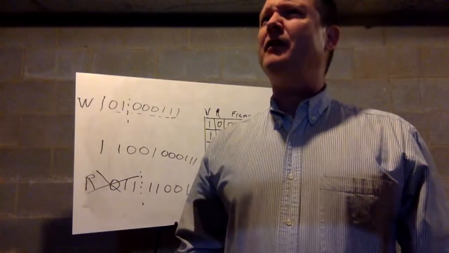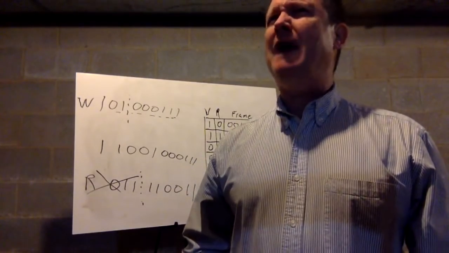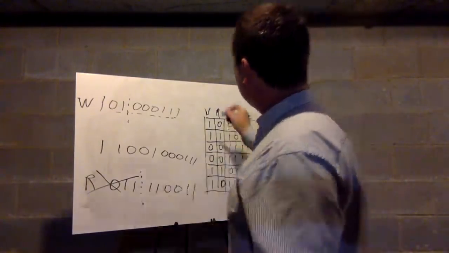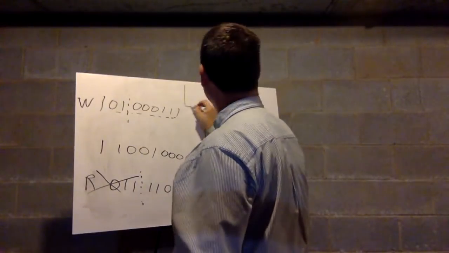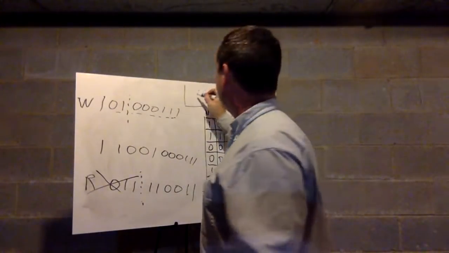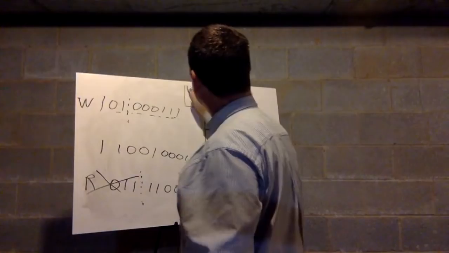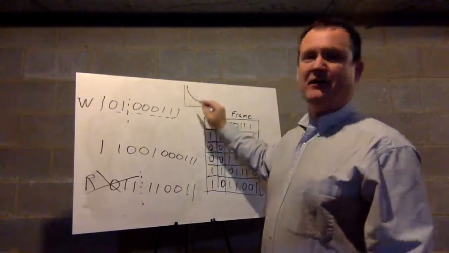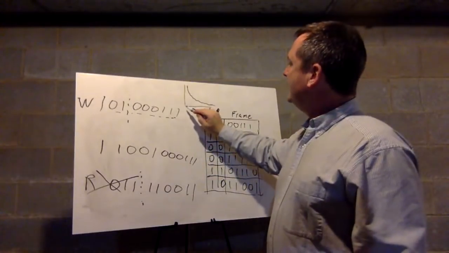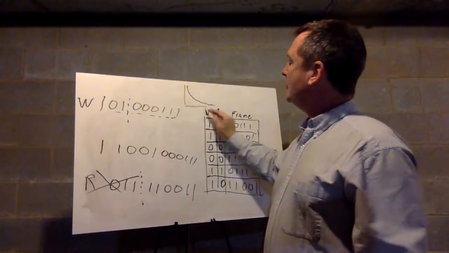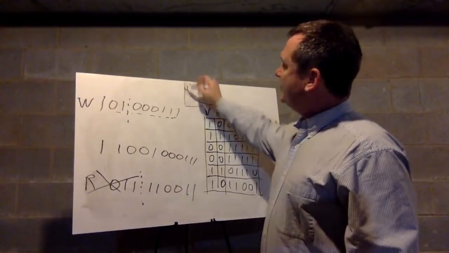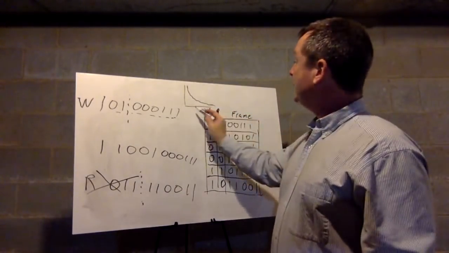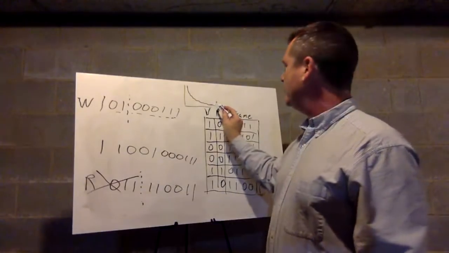So then we settled for this idea that we could do about as well by just monitoring page fault rate. And you may remember there was a little graph that we looked at on the slides. I think it's a graph out of the book that shows that as we give, and I'm not going to label this, I don't have enough room, but this axis was number of frames, and this axis was page fault rate. And this graph kind of says, you would expect that as we give you more frames, you're not going to page fault as much.